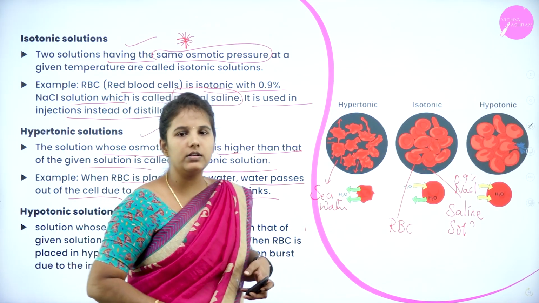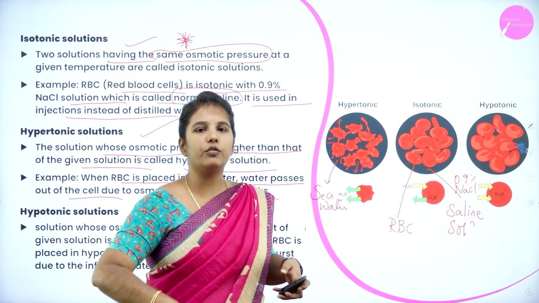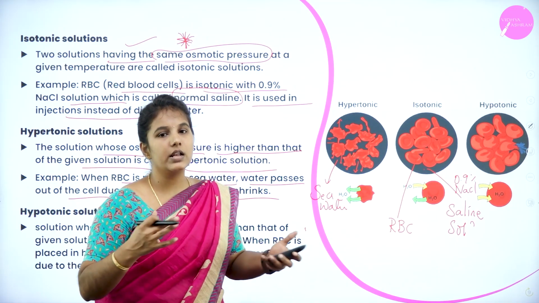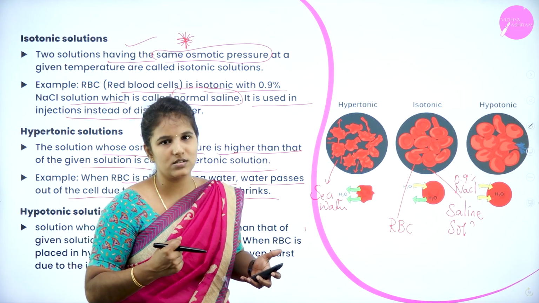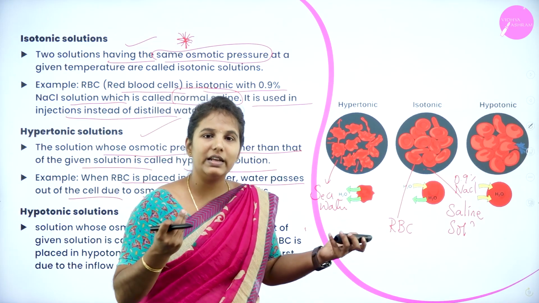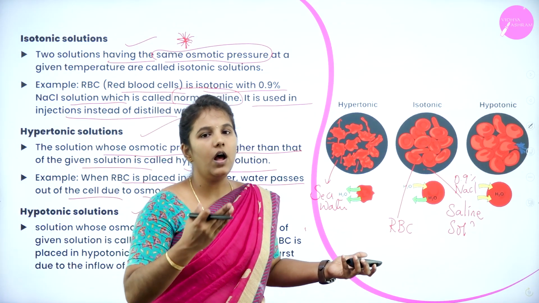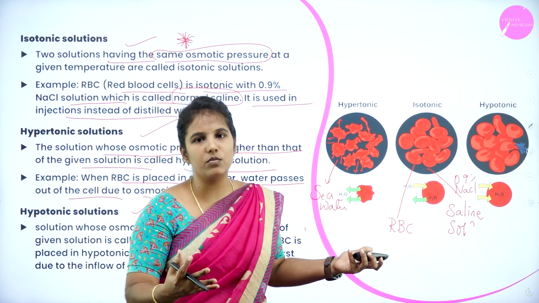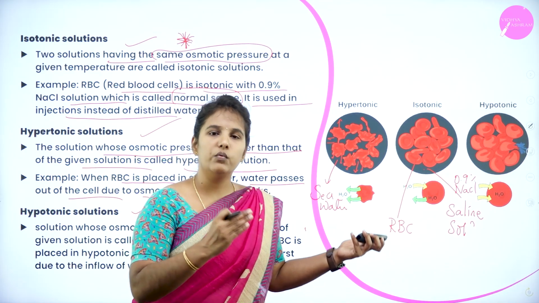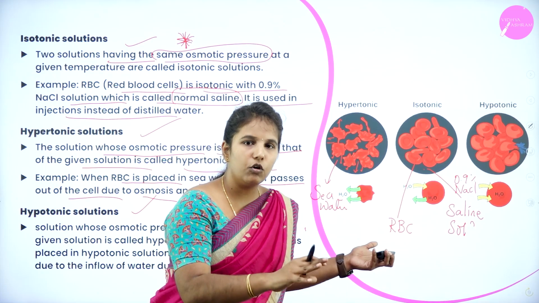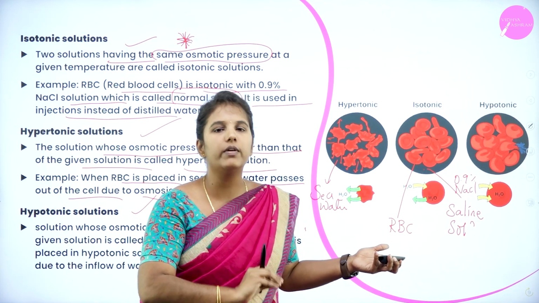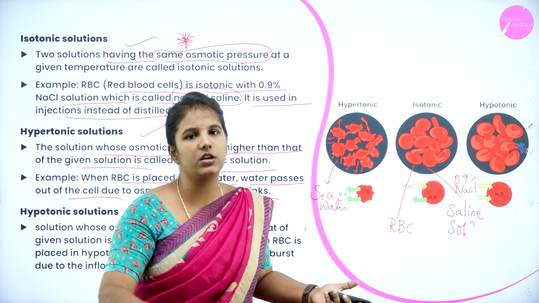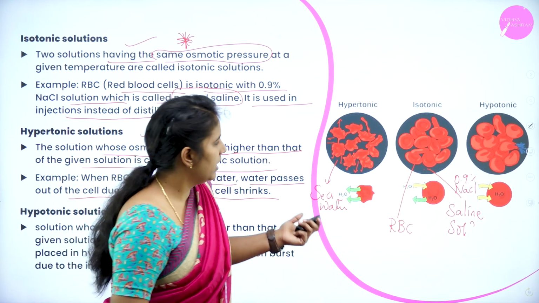So what happens if the water is completely removed from the red blood cells? The red blood cells will shrink, because the water is removed by osmosis. Why is the water removed? Because in osmosis, the water or solvent molecules always move from the lower concentration region to the higher concentration region.